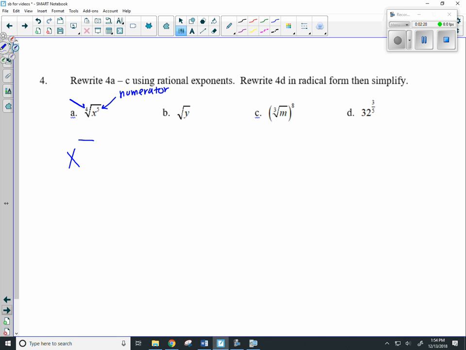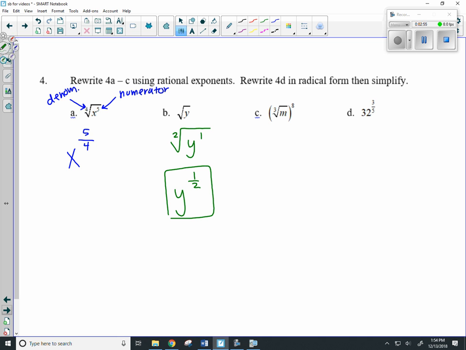And then whatever the index here is going to be your denominator. So it'd be x to the 5/4. For B, you don't see any numbers written there, but technically the exponent that's on the y is 1. And then the index, when it's not written, is the square root, or you could fill in a little 2. So this one would be y to the 1/2.